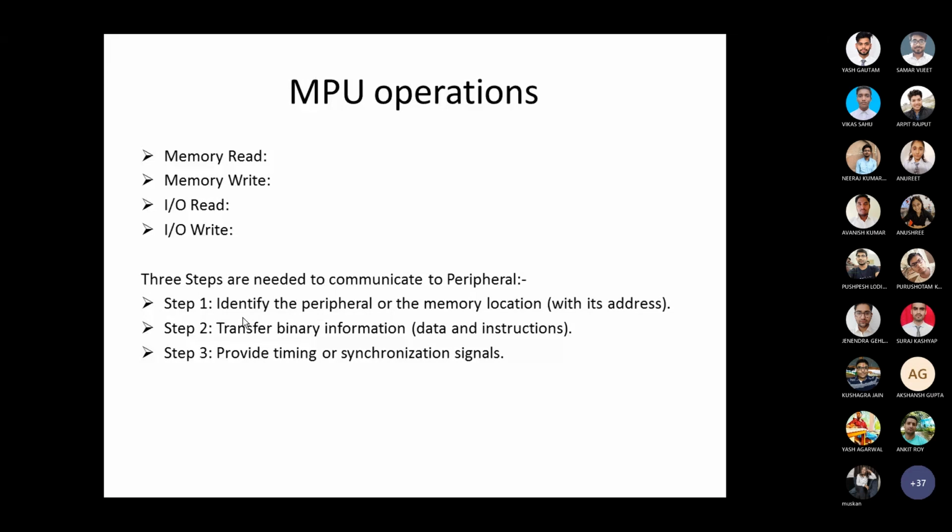Then transfer binary information, data and instructions, and provide timing and synchronization signals. What is timing and synchronization? Once we have the memory location or peripheral identified, for the data transfer a signal will be given. All these three steps are necessary for communication with a peripheral.